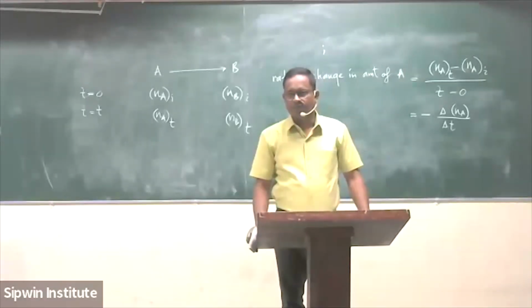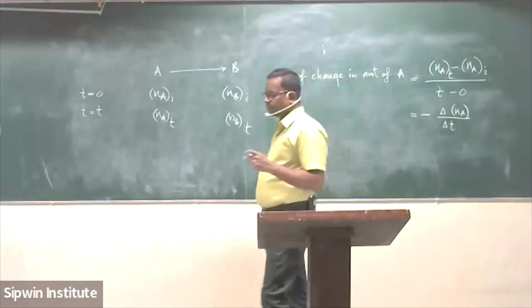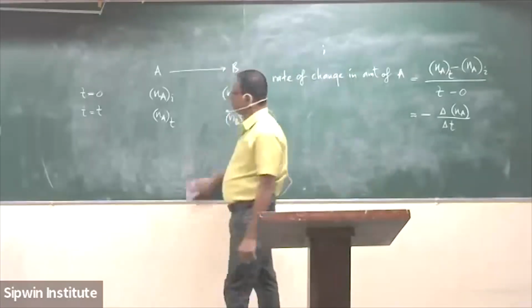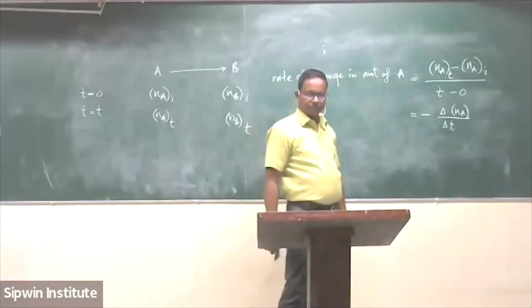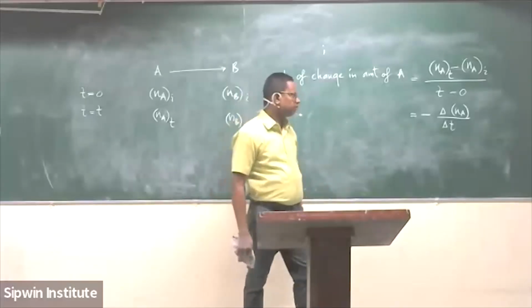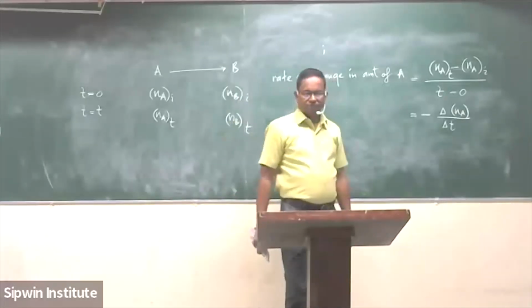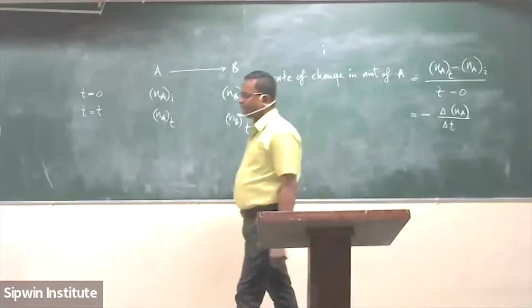Considered to be a positive quantity. Has a negative sign. Hence, a negative sign is artificially used when expressing the rate of a reaction using reactants.